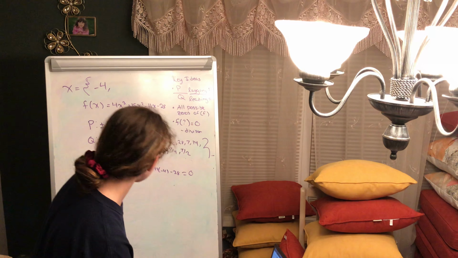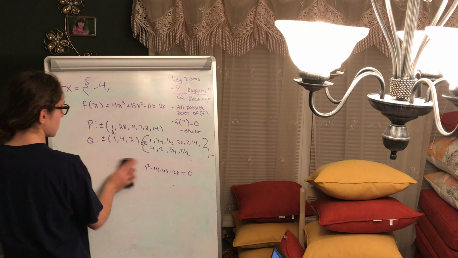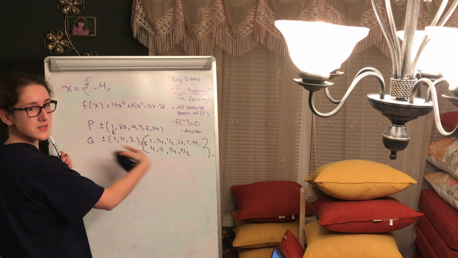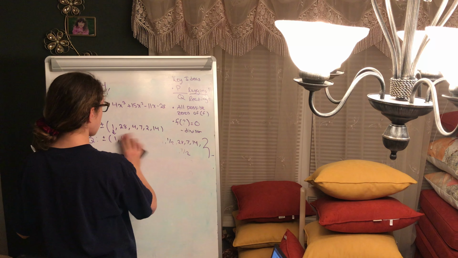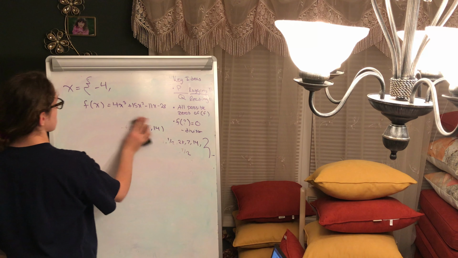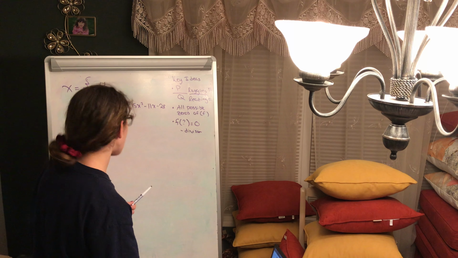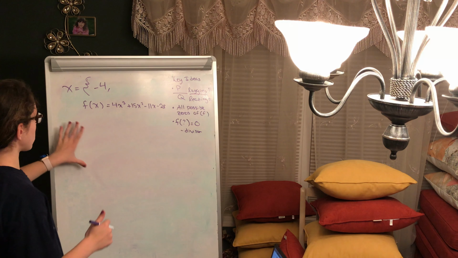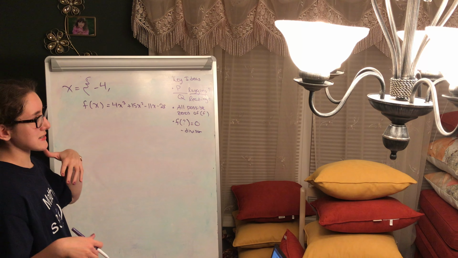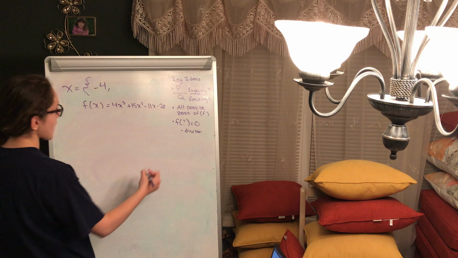So what are we going to do with this -4? Well, let's just erase all this garbage. We don't need all of this stuff anymore. Once we found that one single root, we can erase all that. Now, -4, if we put this in as a divisor, it's going to be x plus 4.